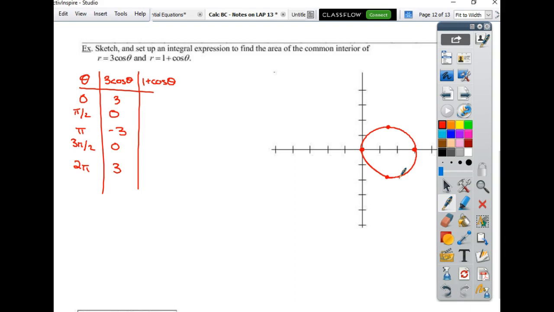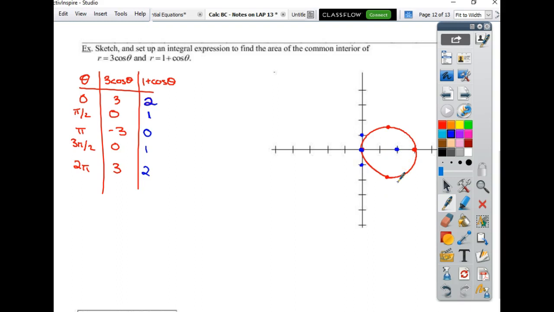What about 1 plus cosine of theta? So this will be 2. Let me do this in blue so that I have 2 different colors. This will be 1, 0, 1, and 2. So 2, 1, 0, 1, 2. So what shape is this going to be?